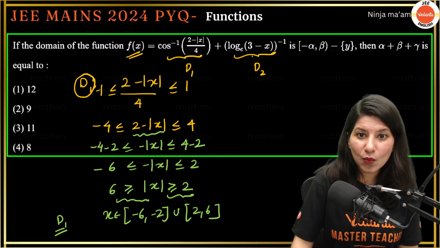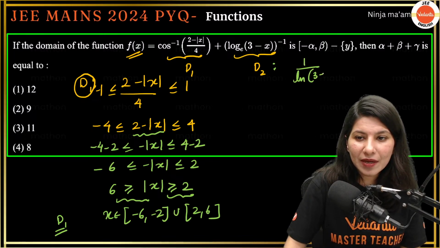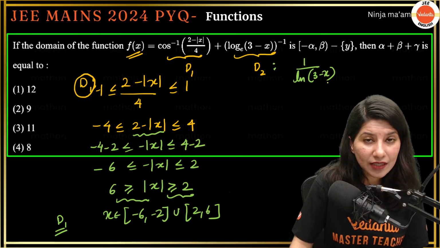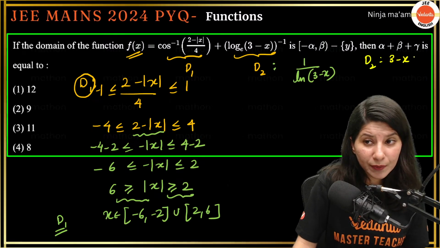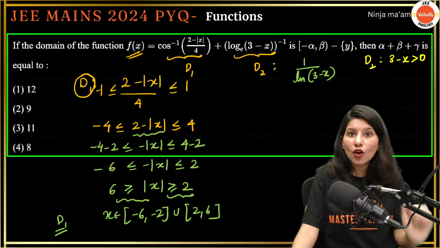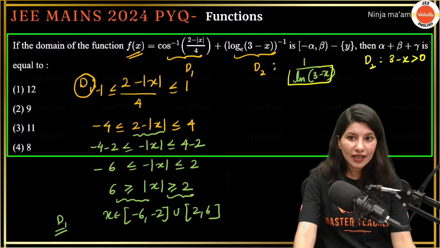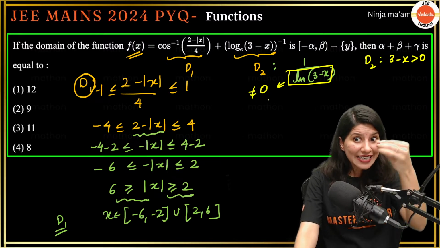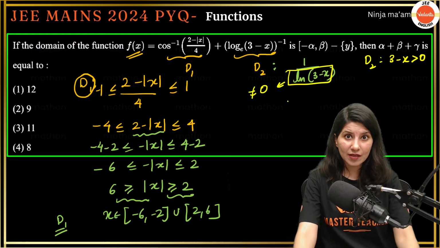Are you getting it? Now what about d2? For d2, let me write the function again: 1 upon log of 3 minus x. You have to understand one thing: first, anything inside the logarithm should be greater than 0. Second, the denominator cannot be 0. So that means this whole log of 3 minus x cannot be 0. Can anybody tell me when my logarithm becomes 0?